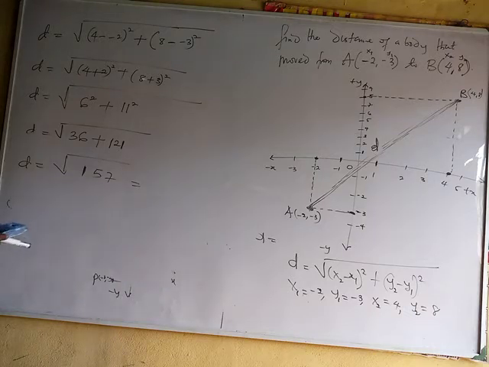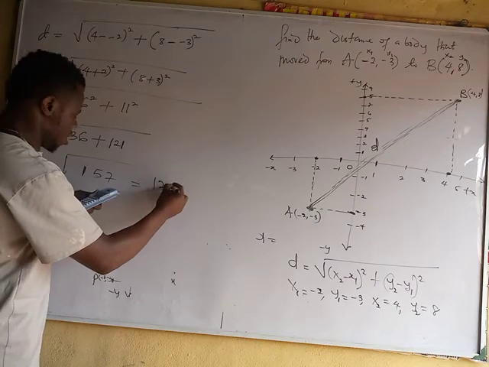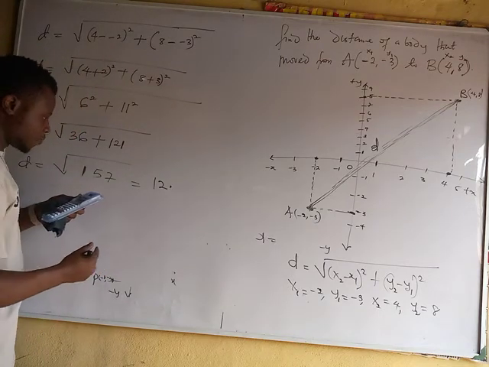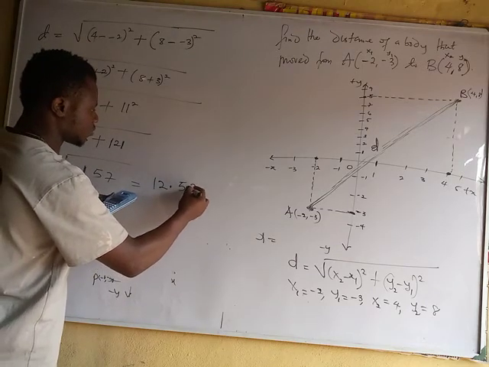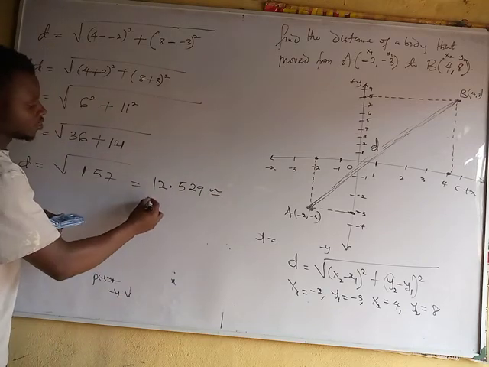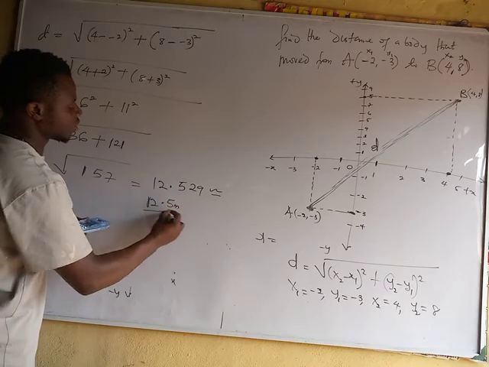So let us find the square root. We say that 36 plus 121, then we are going to have square root of 157, which will give me 12.529. So approximately we are going to have 12.5 meter.